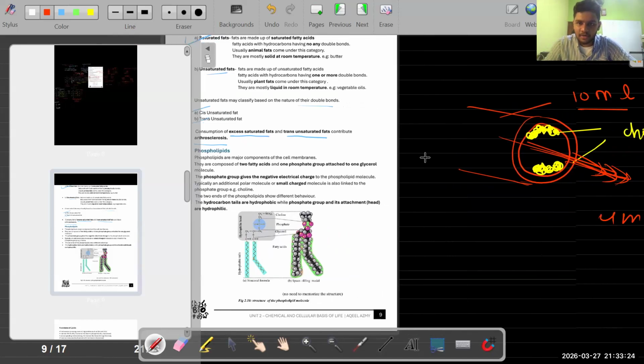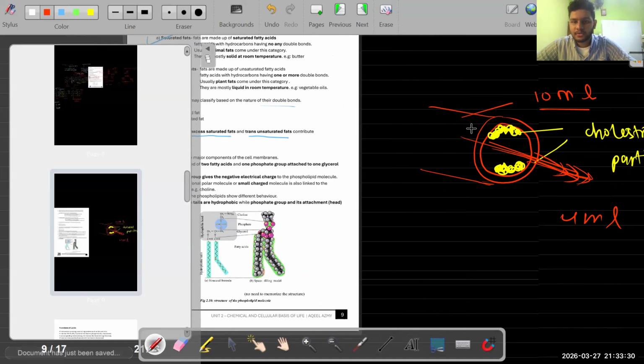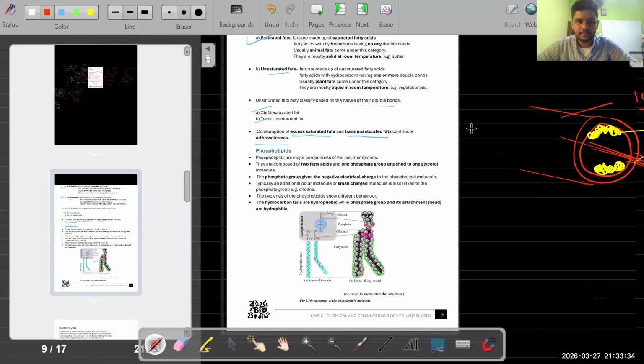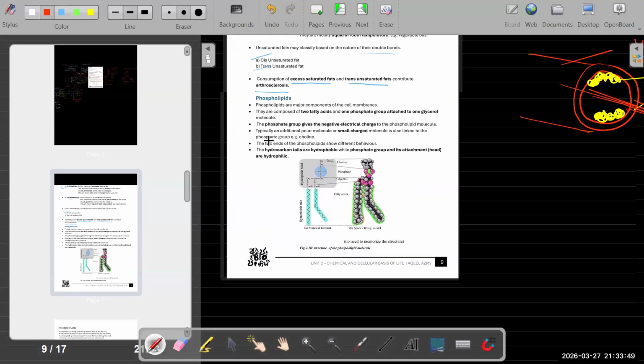This deposition of fats and cholesterol particles is the one that is called atherosclerosis. This atherosclerosis can lead to heart attack. Can you understand that? Yes or no? Yes, sir. Now just go through this part.